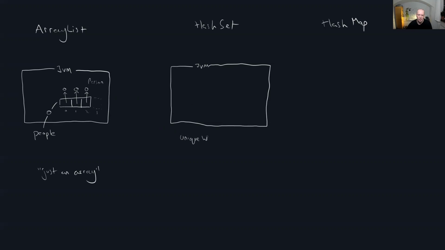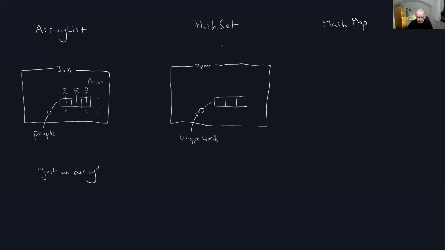So unique words is the hash set. Again, the hash set is just going to be an object, and this object ultimately is just going to have some type of array.